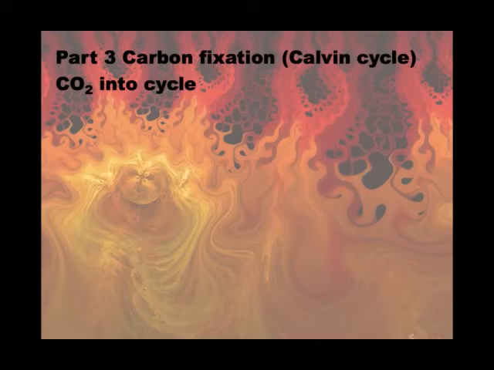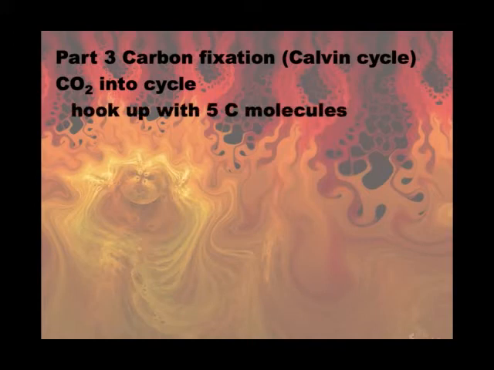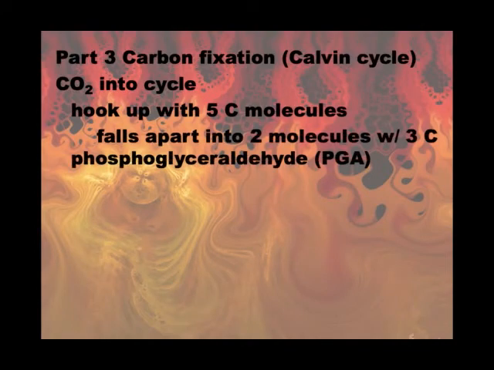So carbon dioxide comes into the cycle because plants and other autotrophs take in carbon dioxide. And that immediately hooks up with a 5-carbon molecule. On the next slide, I'll show you the flow of what's going on here. That then falls apart into 2 molecules that have 3 carbons each. So we had 5 carbons to start with that were already in the cycle.